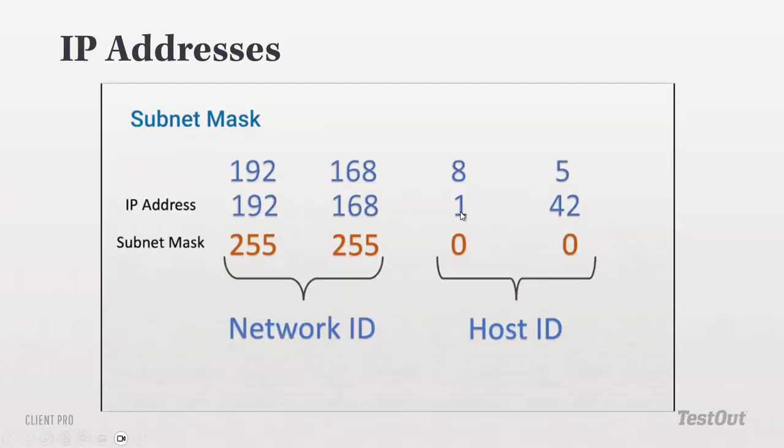So notice here's our 142, but now the subnet mask is 255.255.0.0. All ones, all ones, all zeros, all zeros. So interestingly, are these two computers right here on the same network? Since the network portion of this address matches between these two different blue addresses, the answer is yes. These computers are actually on the same network.